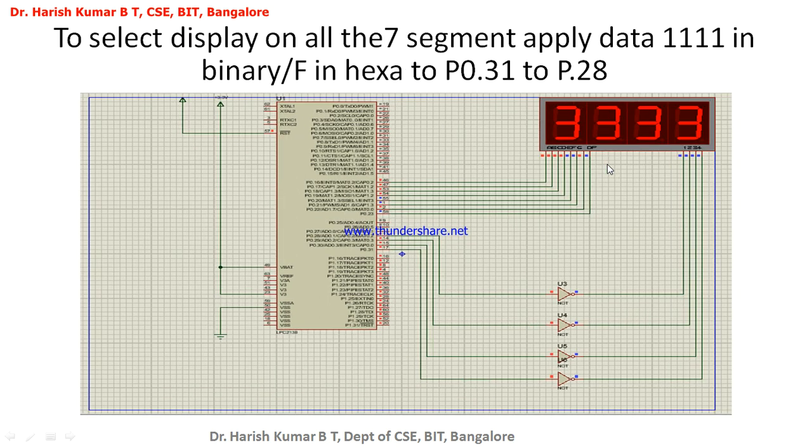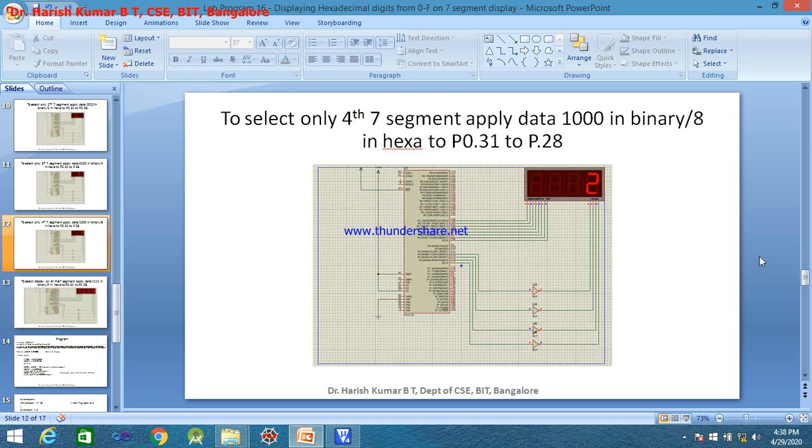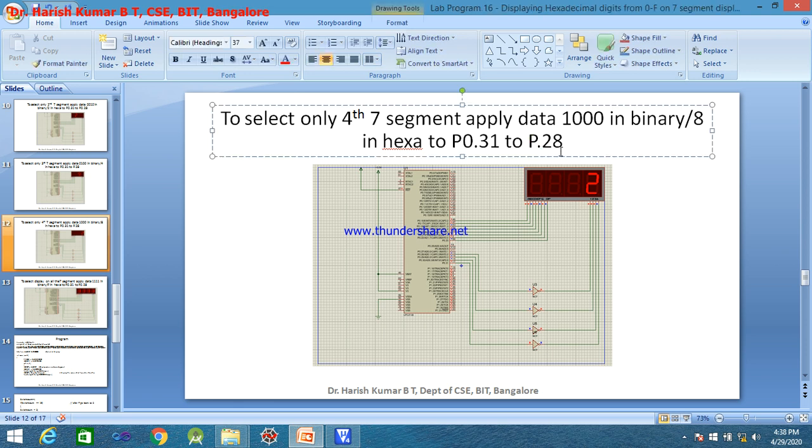Now what if I want to display the data on all the 7 segment displays? What do I have to do? I need to select all the 7 segment displays. I have to out 1111 from P0.28 to P0.31.